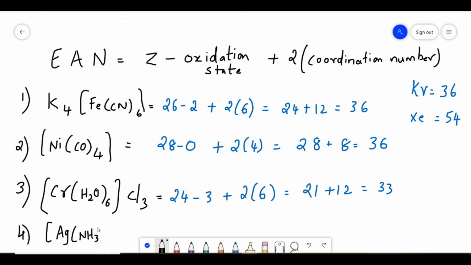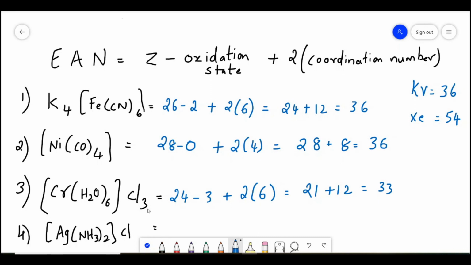[Ag(NH3)2]Cl, and the oxidation state is 1, and here the coordination number is 2, so it is 2 into 2.